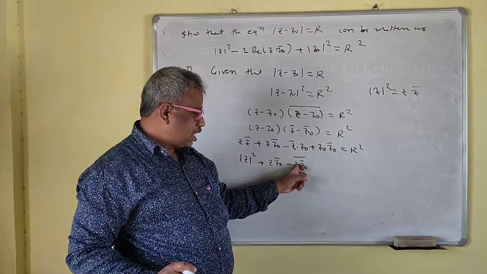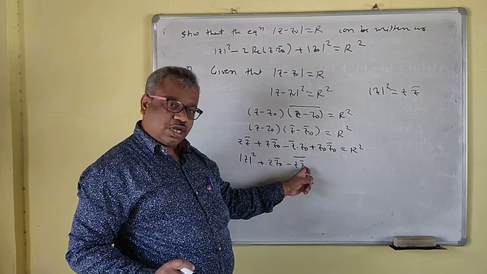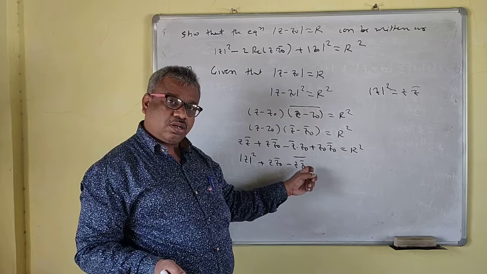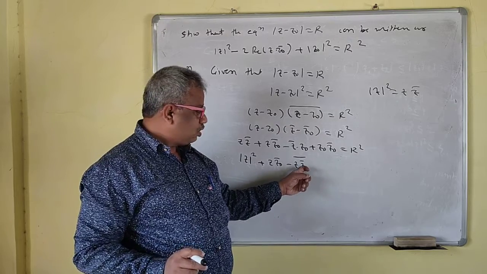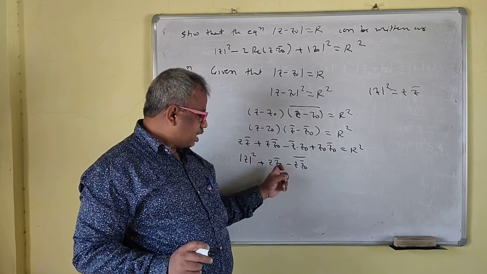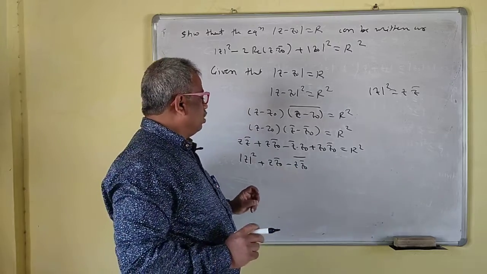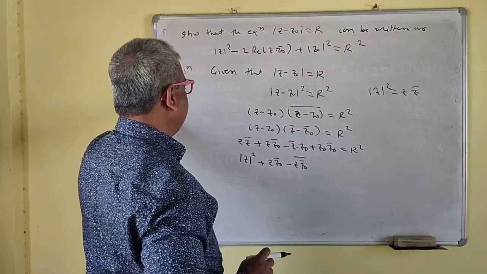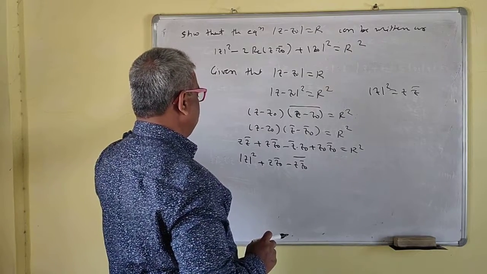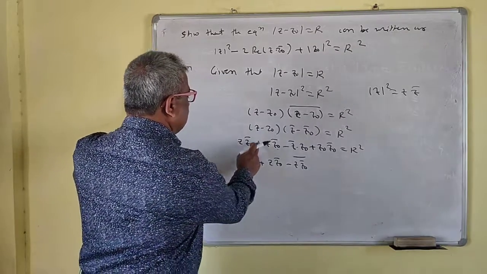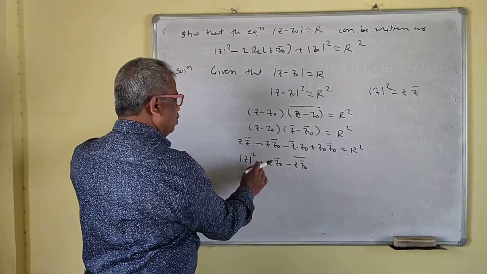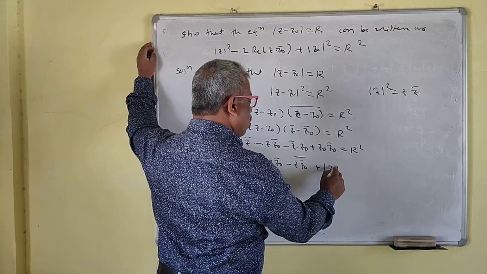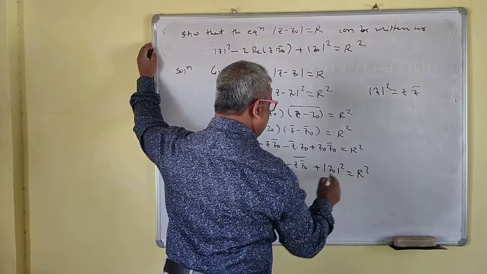This is z bar into z naught, which is the conjugate of z naught bar times z. So it is z naught bar z bar, then plus mod of z naught square is equal to r square.